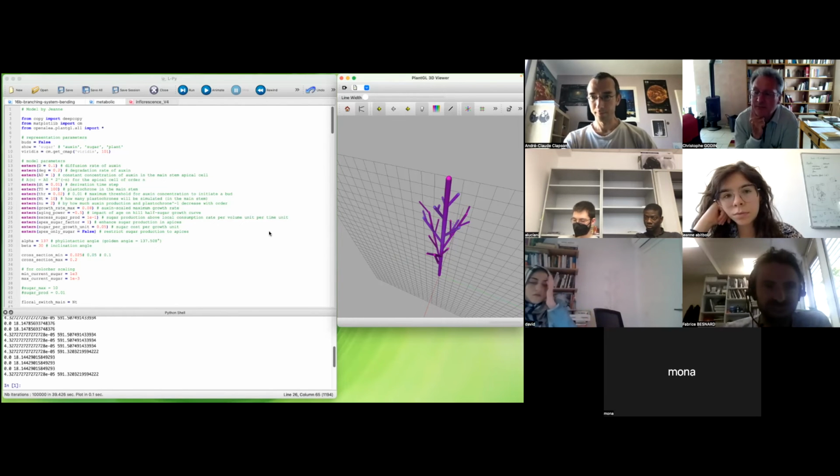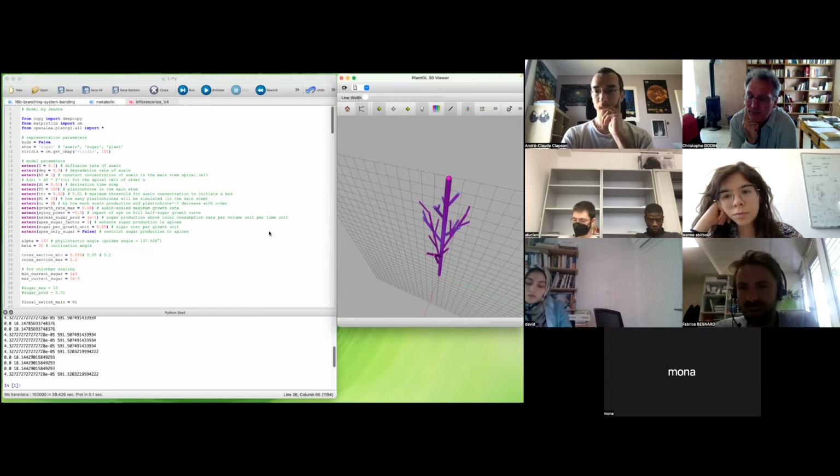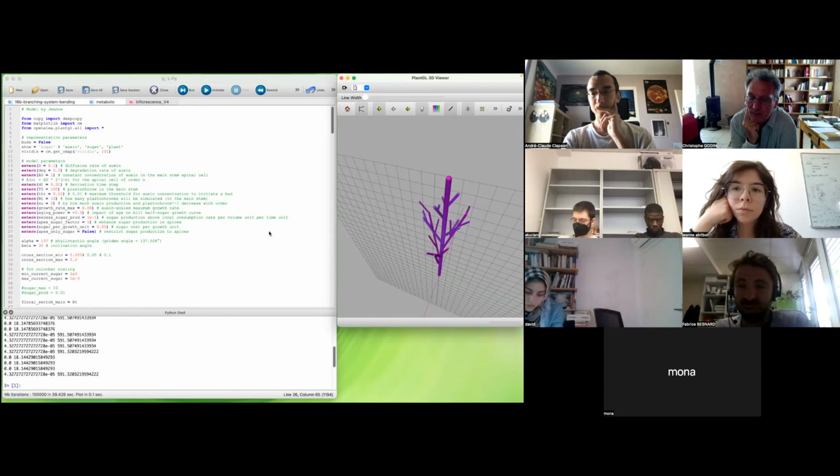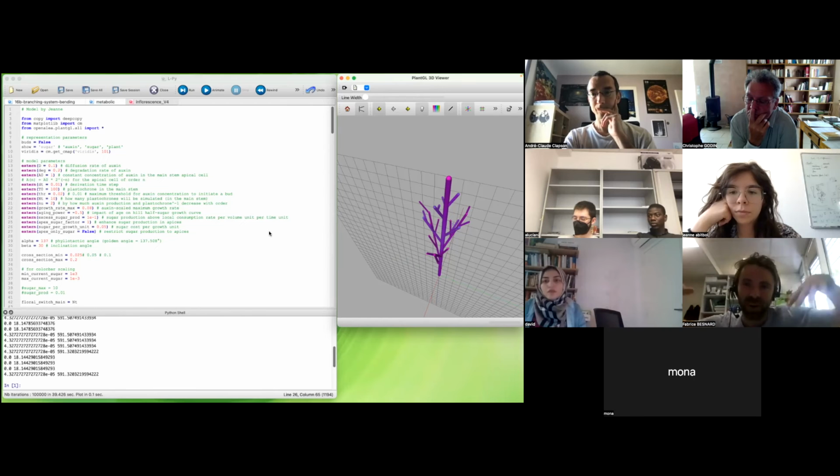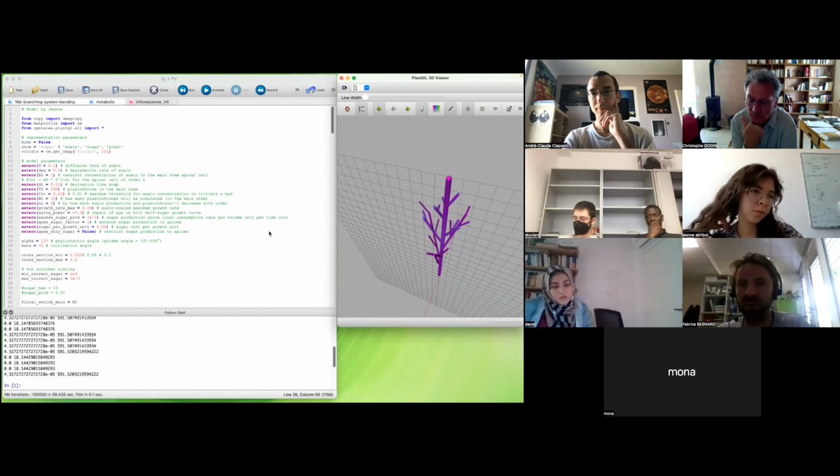If you make a basic assumption that the leaf area, for example, is a proxy for sugar production, then at every node you could say that the sugar concentration is proportional to the local leaf area to which this portion is connected. And then you would base local sugar concentration on this functional photosynthetic capacity.